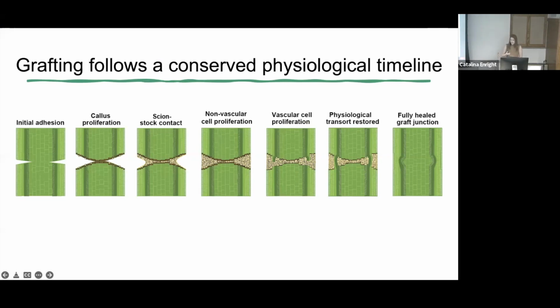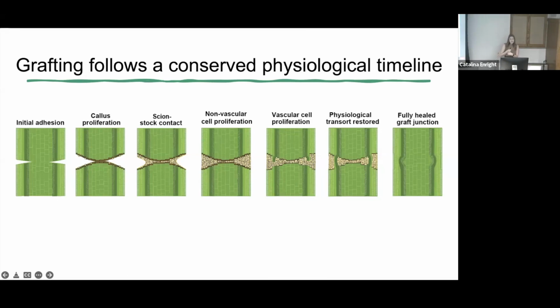Next, a layer known as the isolation layer, shown here as this little brown line, which is just cellular debris that gets stuck there. That's visible. And we also start seeing the proliferation of new callus cells. The callus cells are our undifferentiated Band-Aid that helps to hold those two pieces of tissue together. Eventually, we start to get enough cellular differentiation that the scion and stalk are cellularly connected.